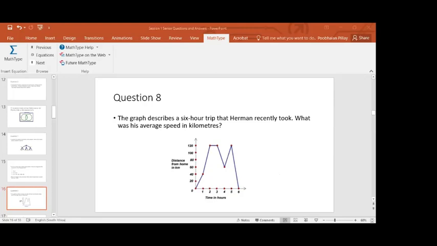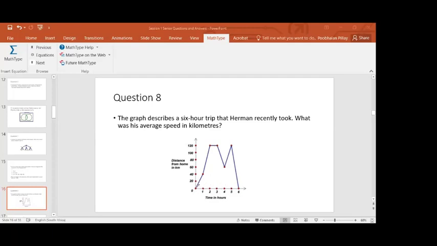Okay, now let's try to unpack this. What he's saying is that Herman recently took a trip, and he is calculating the distance he travels after different periods of time. So as he starts from 0, he has not traveled at all. He said the distance is measured along the vertical and the time along the horizontal.